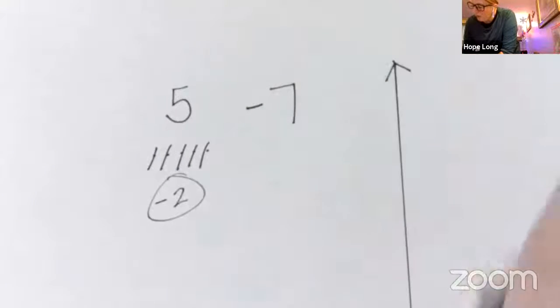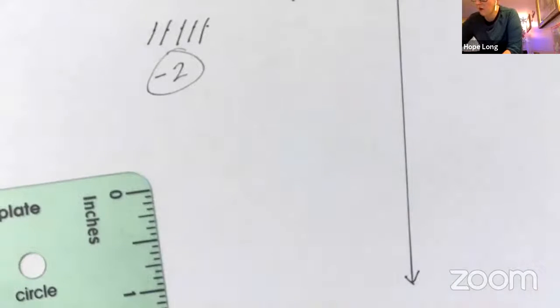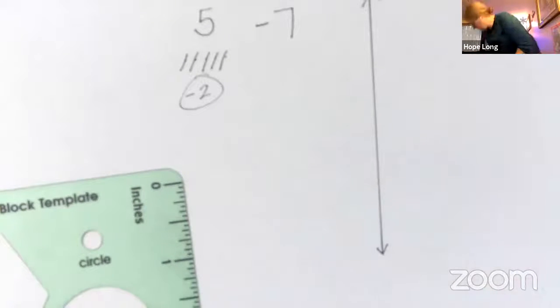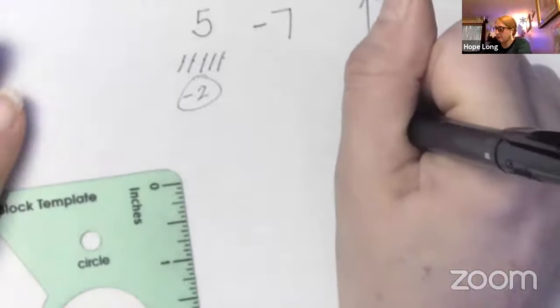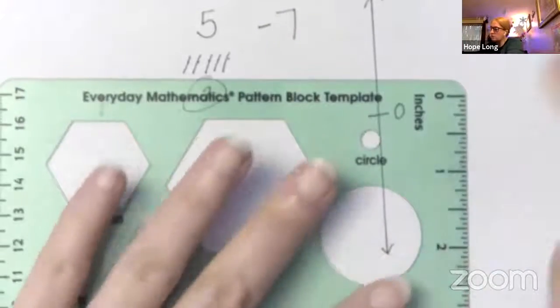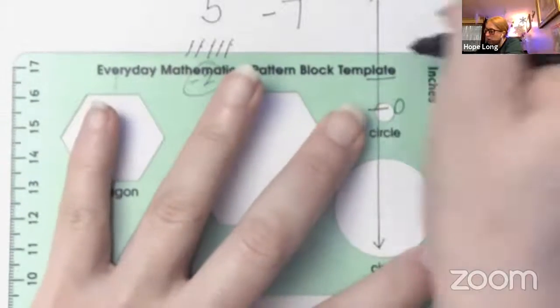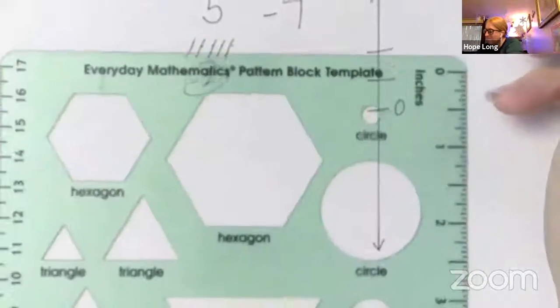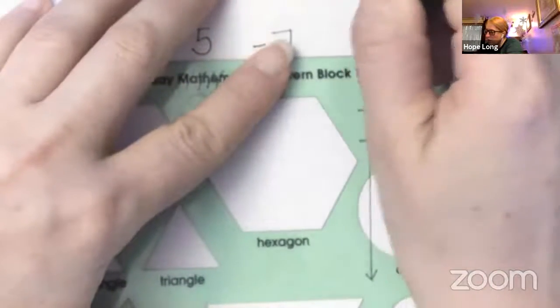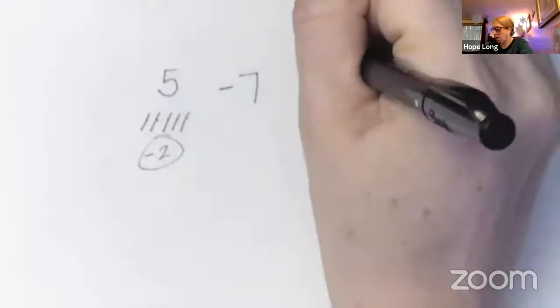Okay. So I'm going to use a vertical number line to show this. And let's say that we are plotting out. We can start with 0 here. And 1, 2, 3, 4, and we'll make this 5.